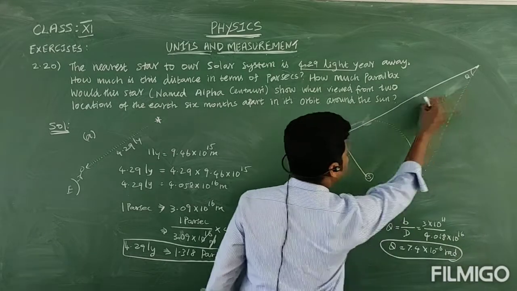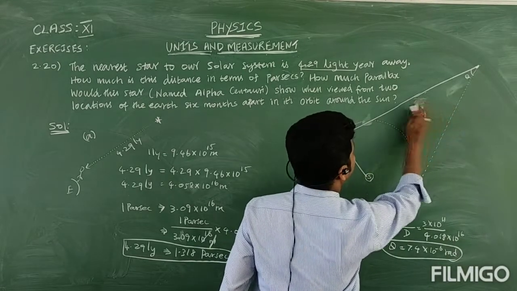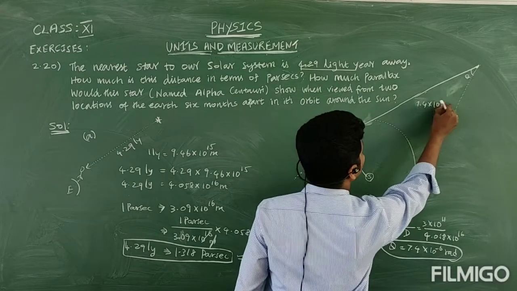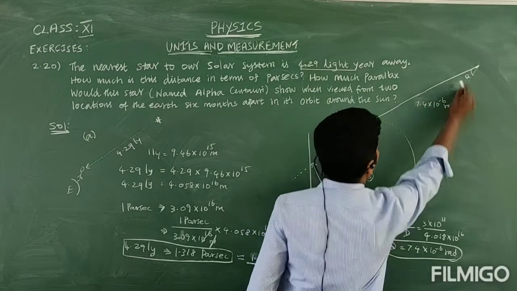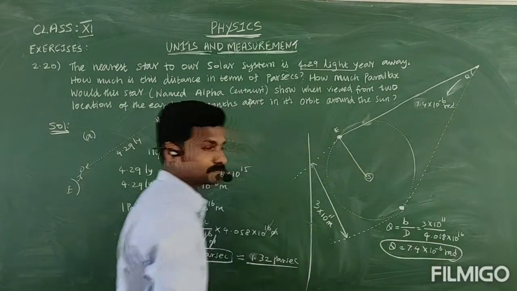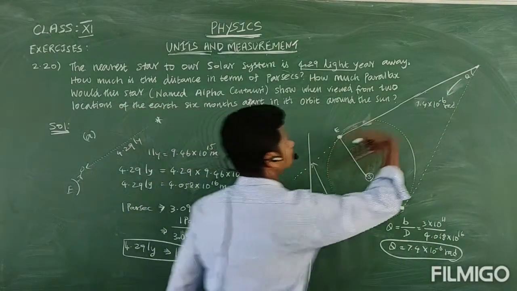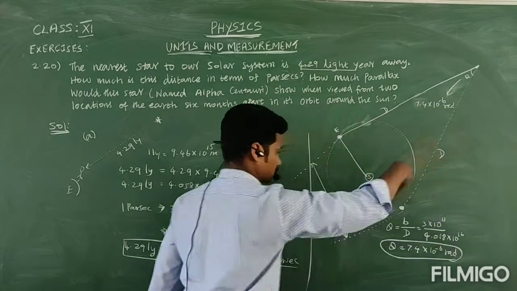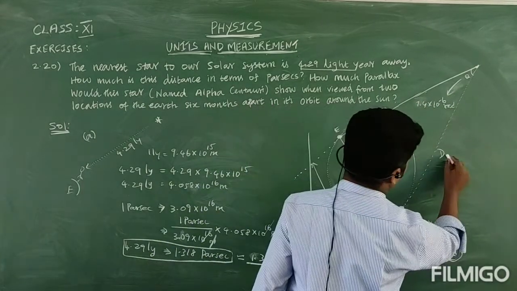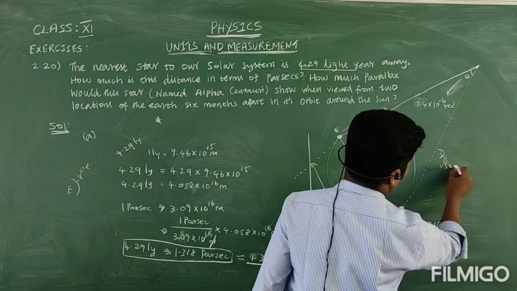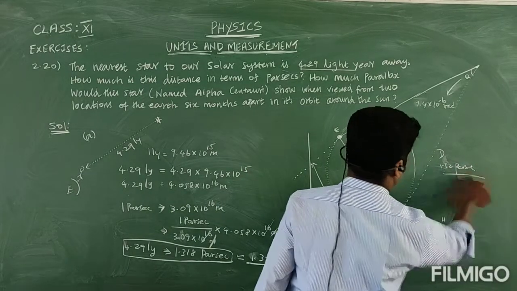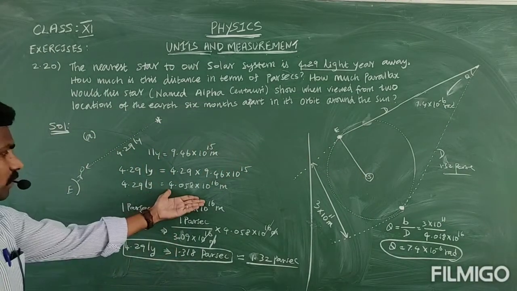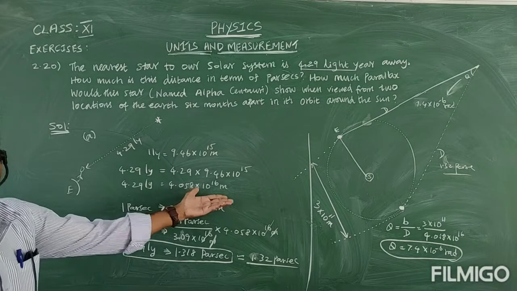The distance d is 1.32 parsec, or otherwise 4.058 into 10 power 16 meter.